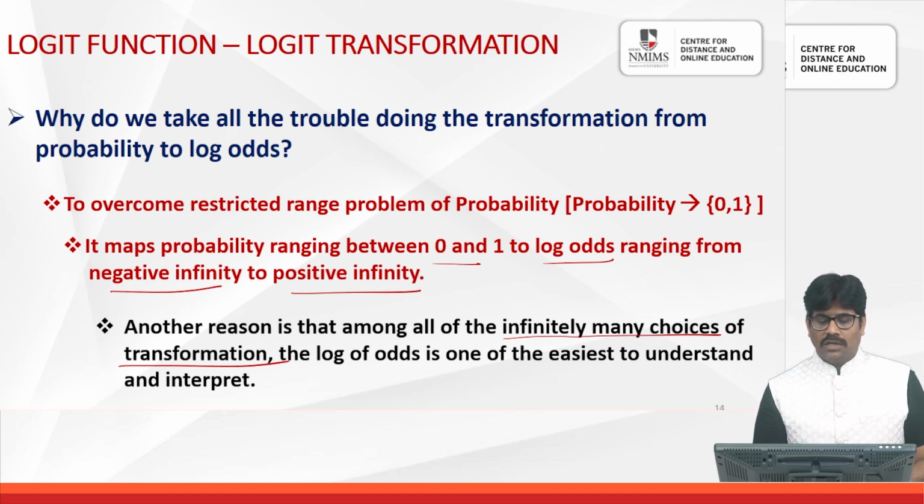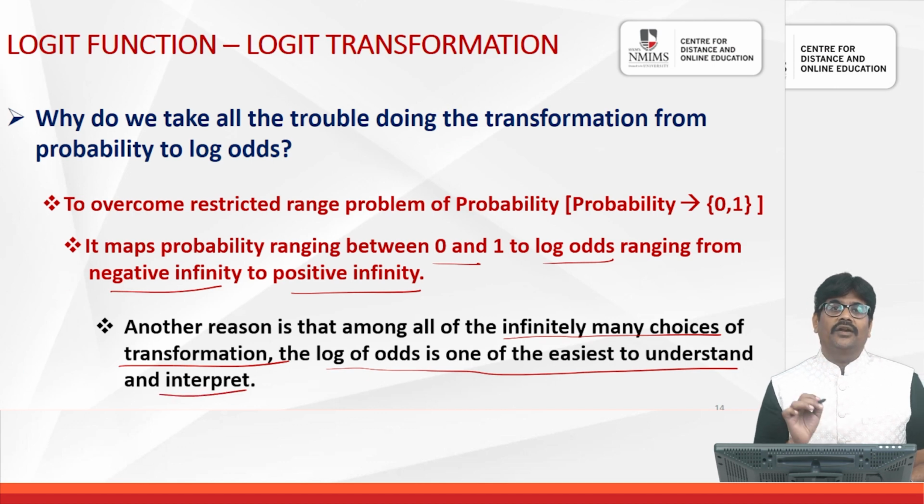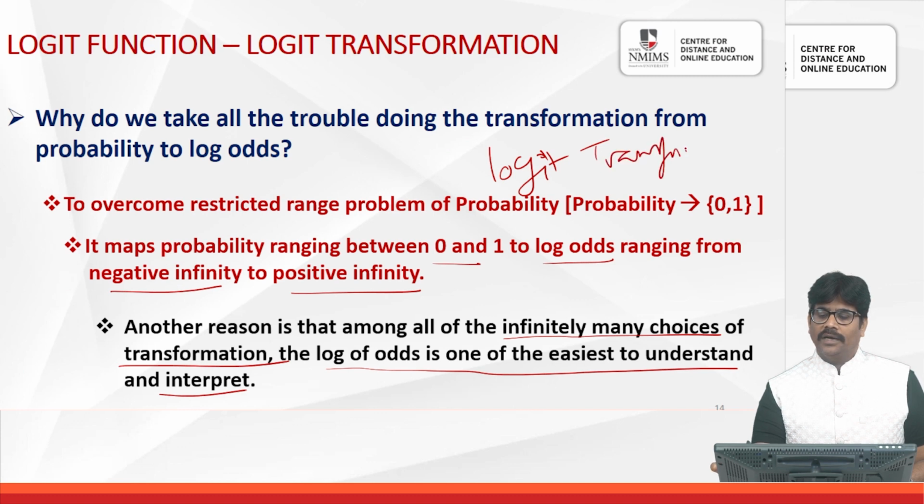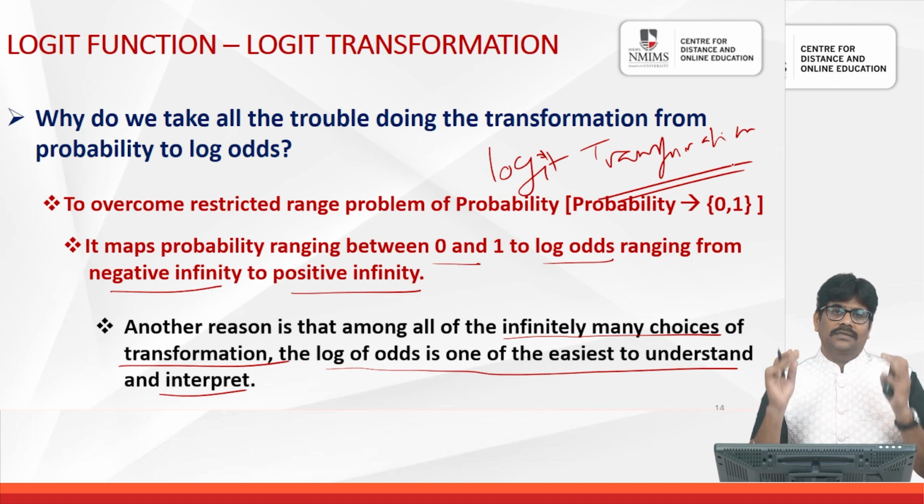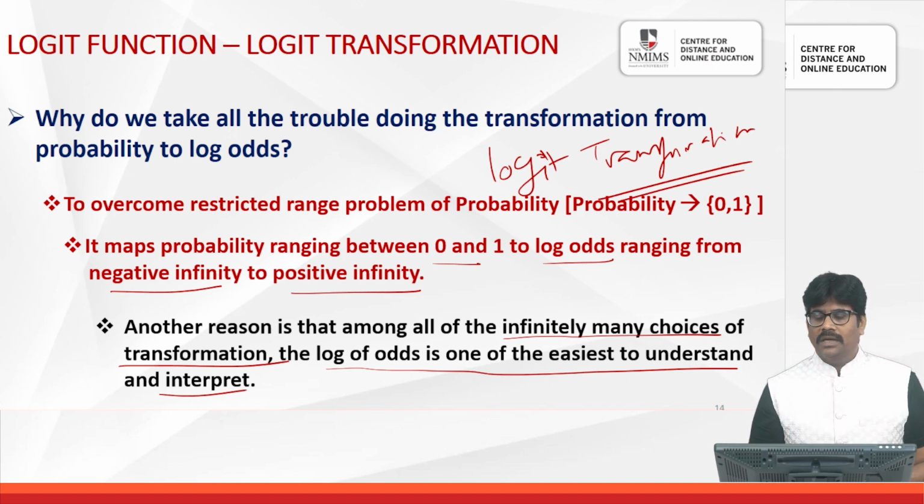Yes, we can use it, but log of odds is one of the easiest to understand and interpret in terms of the relationship between the dependent variable and independent variable, and hence this logit transformation qualifies and makes our job easier in interpreting the relationship between the dependent and independent variable, and hence logistic regression became a success.